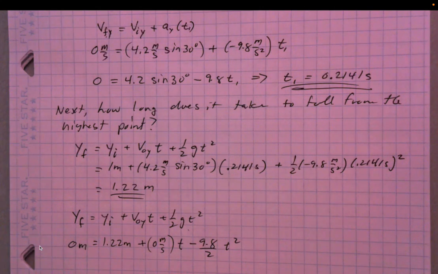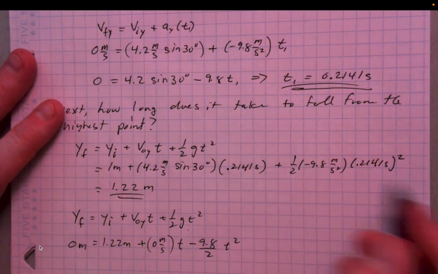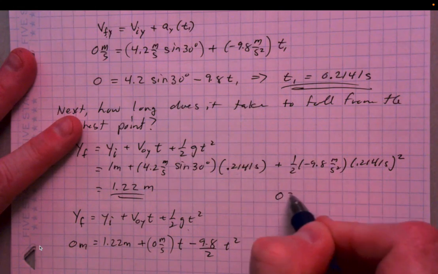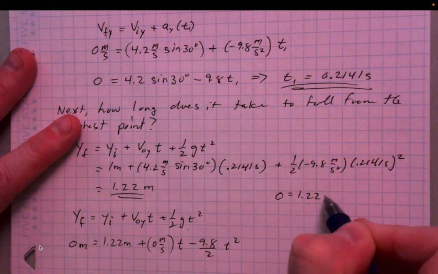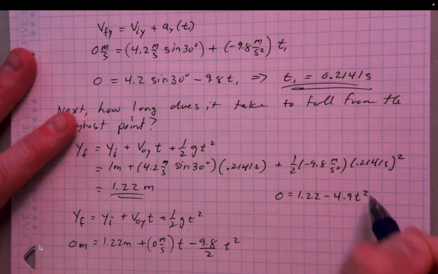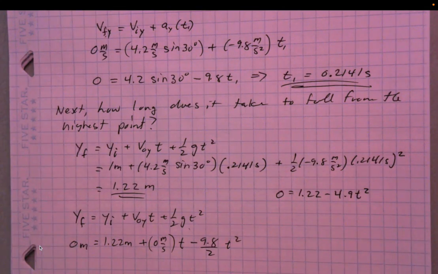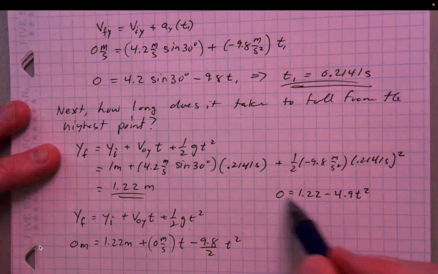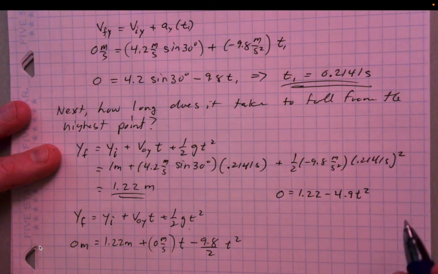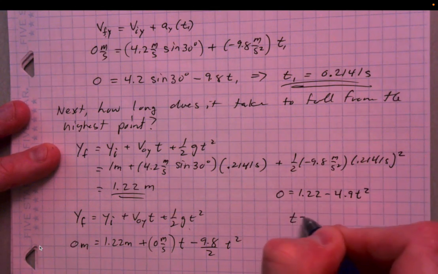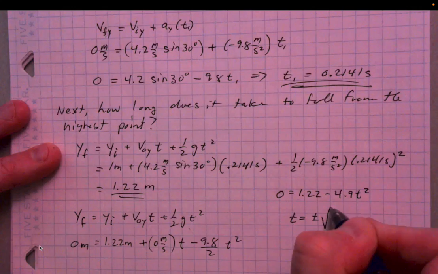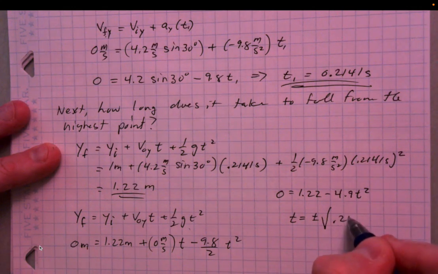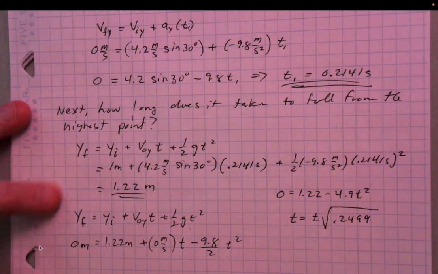And so what we end up with here is a quadratic equation: 0 equals 1.22 minus 4.9 t squared. This one is super easy to solve. You subtract 1.22 from both sides, divide by 4.9, and you'll see that t is equal to plus or minus the square root of 0.2499 approximately.